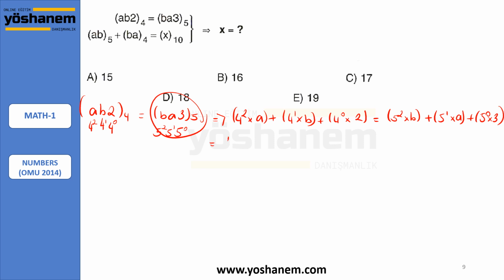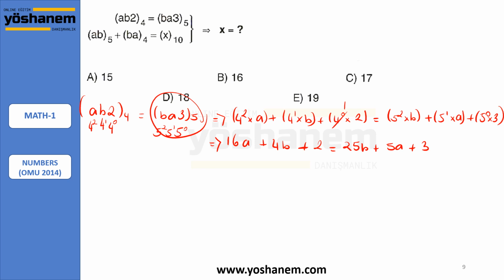Now this is 16a plus this is 4b plus this is 1 times 2, which is 2, equals 25b plus 5a plus 3.